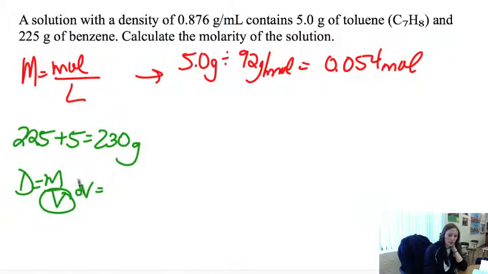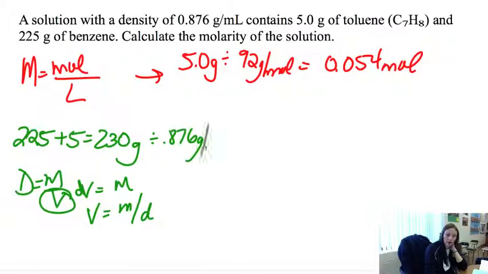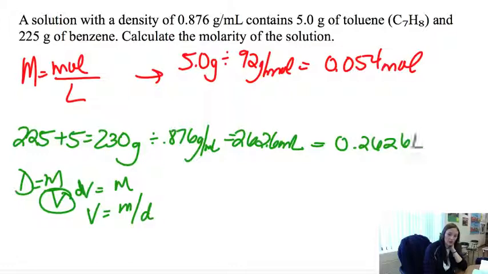Volume times density is mass, so volume is mass divided by density. I take that, divide by my density, 0.876 grams per milliliter, and we get 262.6 milliliters. It's moles per liter, so that's 0.2626 liters, and all I do is divide the moles by the liters here, and I'm going to get 0.21 molar.